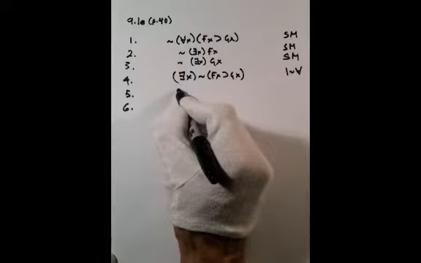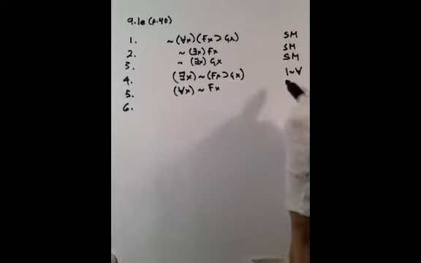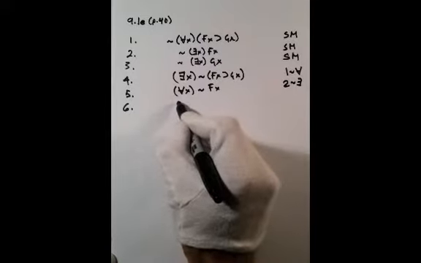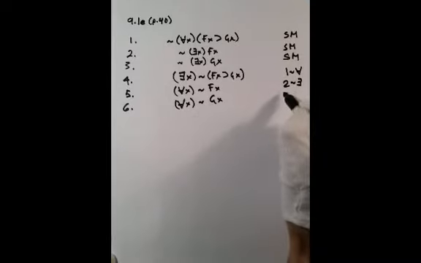From line 2, we have for all x, it's not the case that f of x, from 2 by negated existential. And line 6 is going to be for all x, it's not the case that gx, and that comes from 3 by negated existential.